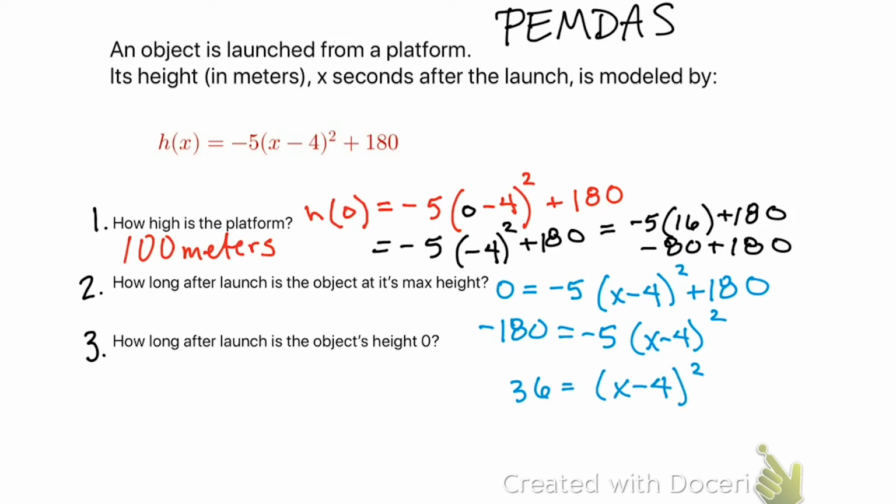Now we have to take the square root of both sides. I'm trying to solve for x here. So I get x minus 4 is equal to 6, or x minus 4 is equal to -6. Remember, two answers. And for both of these, we're adding 4.